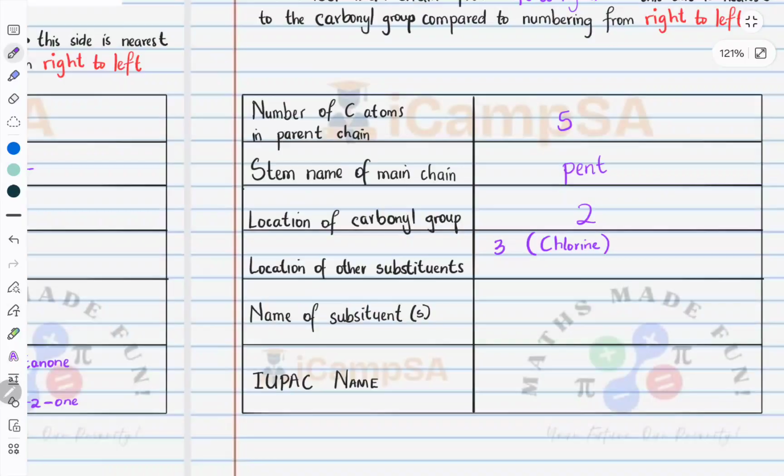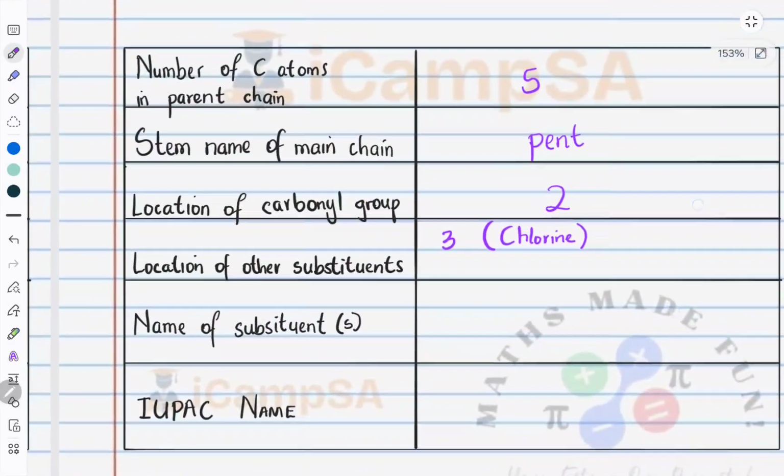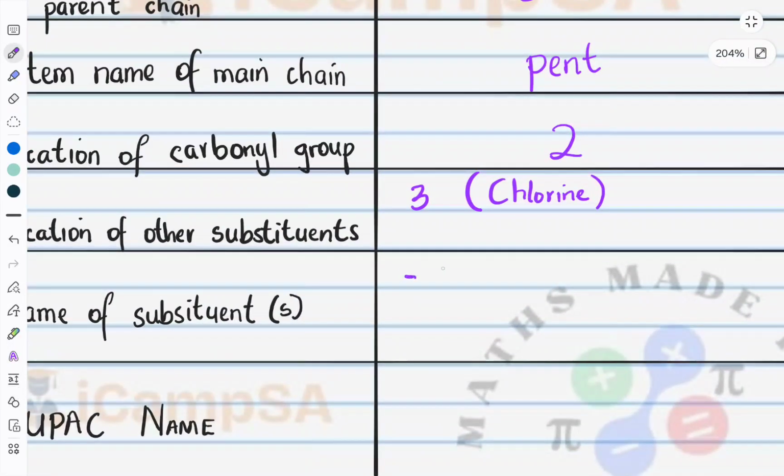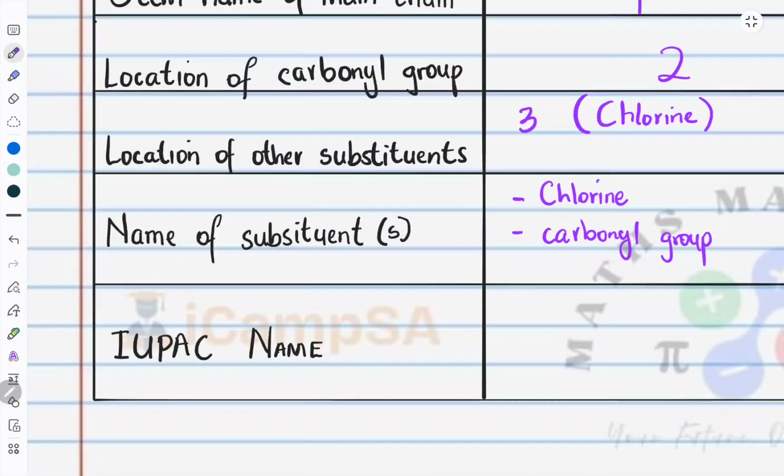And then the name of the substituents, we have chlorine, which is a halogen atom, and then we have our carbonyl group as well. Of course, the carbonyl group would always be there because we're dealing with ketones now, right? And it happens to be the functional group of ketones.